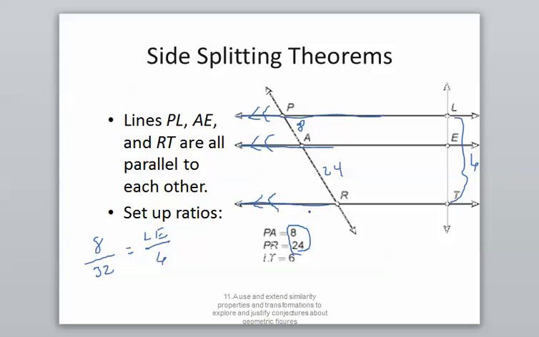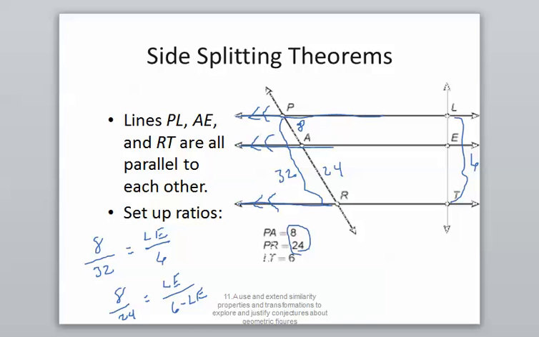Why did I need that? Well, the 6 represented the whole length LT. I needed something that represented the whole length here PR, 32. So I added those two values together. What if I didn't want to do that? I could have said 8 is to 24 as LE is to 6 minus LE. How did I get that?